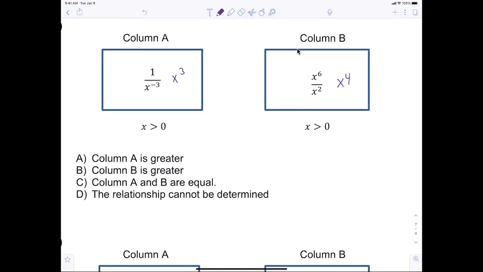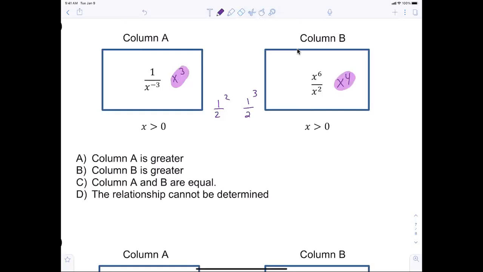It appears that column B is bigger because x to the 4th is bigger than x cubed. Does everybody agree? Right, but is that true? Let me explain why. Now, listen, I really want you to pay attention now if you want to be smart. I did say it's greater than 0. However, what happens if I do 1/2 squared, and what happens if I do 1/2 cubed?